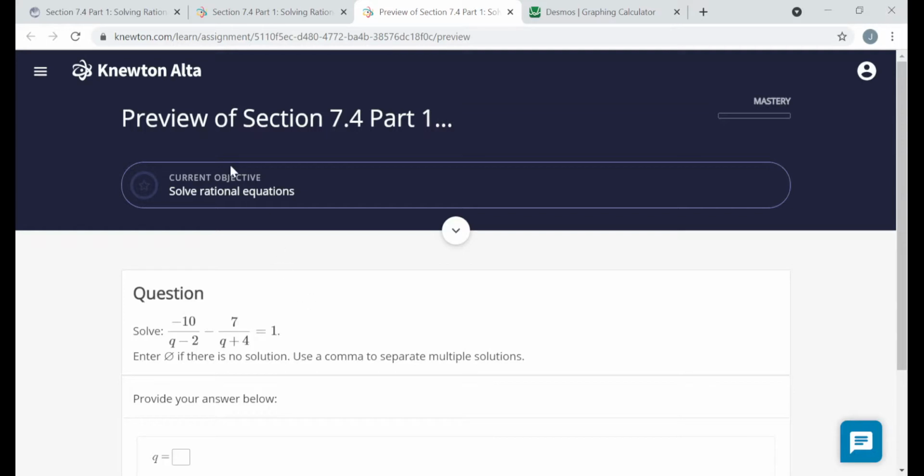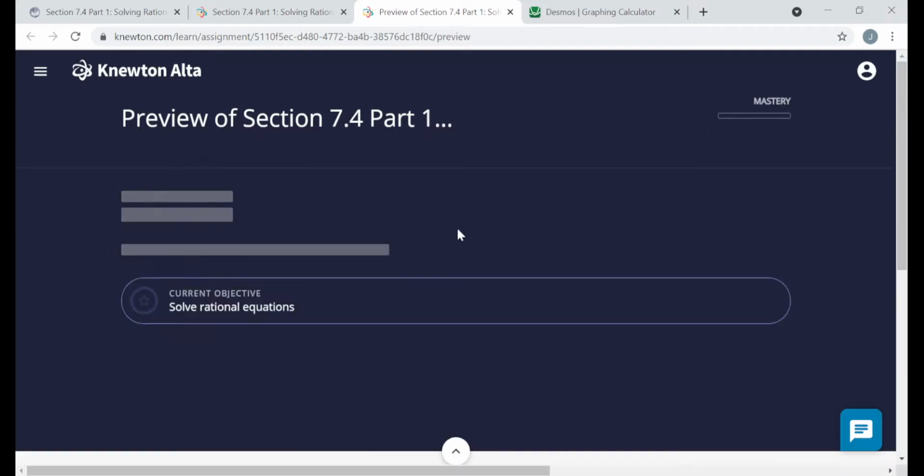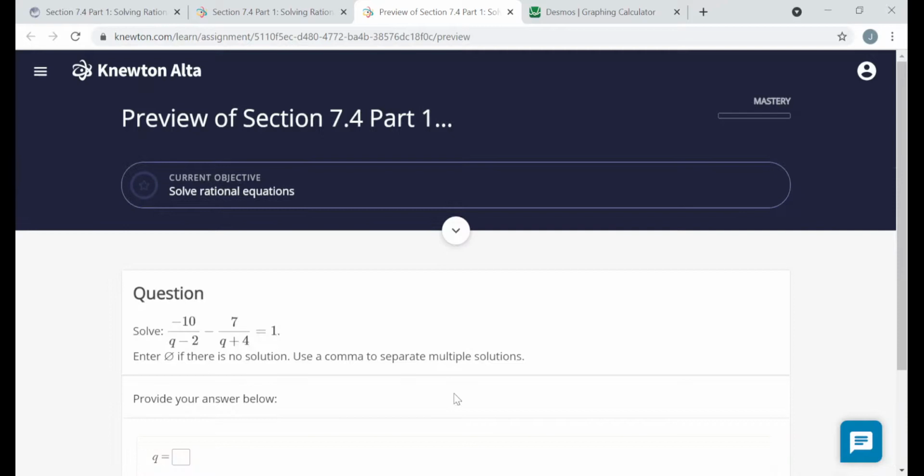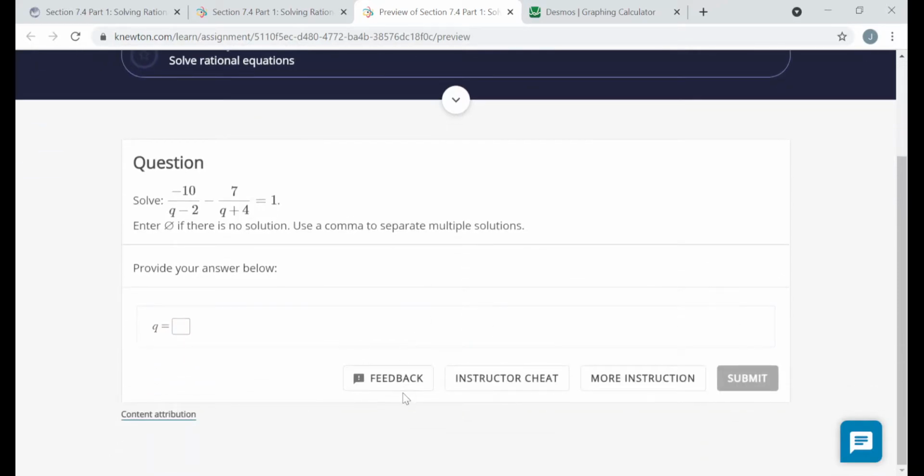Alright, so here's the assignment page. You will not see the words, preview of. You'll just have the title of the assignment, the mastery bar telling you how far along you've gotten, the objectives, which looks like there are 2 objectives in this assignment, your questions, and every question should have a feedback button which you can send feedback to Knewton through.